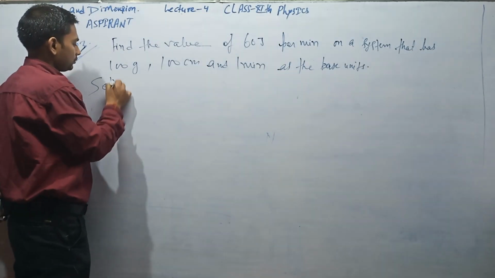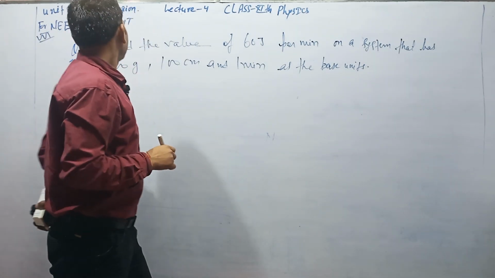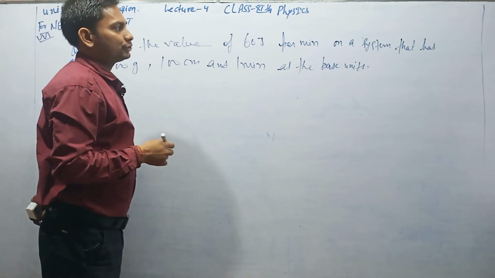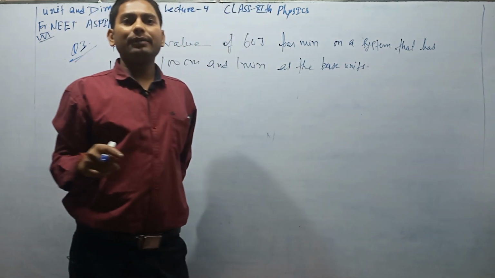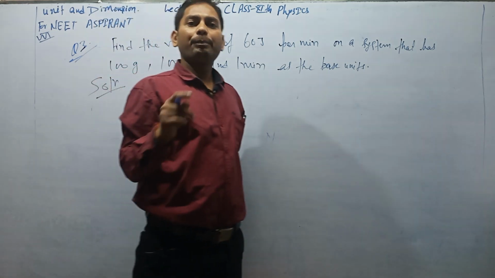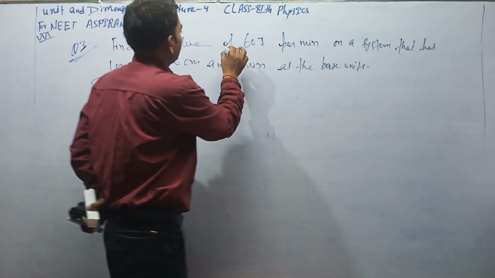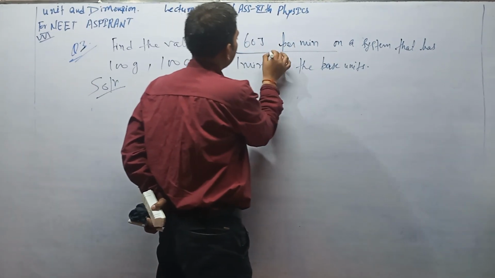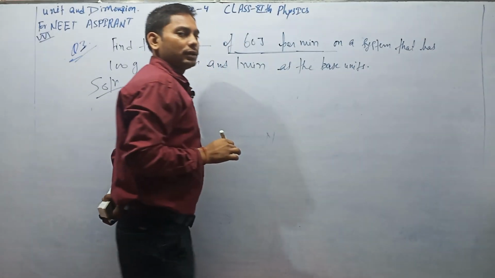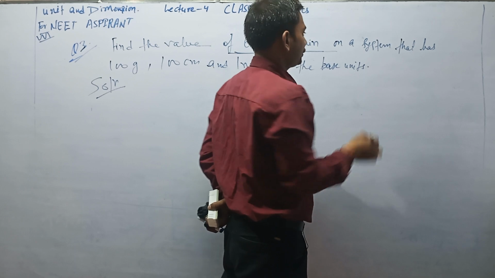Solution. Here, find the value of 60 joule per minute. That means energy per unit time is called power. Concentrate on the statement of the question: 60 joule per minute on a system.